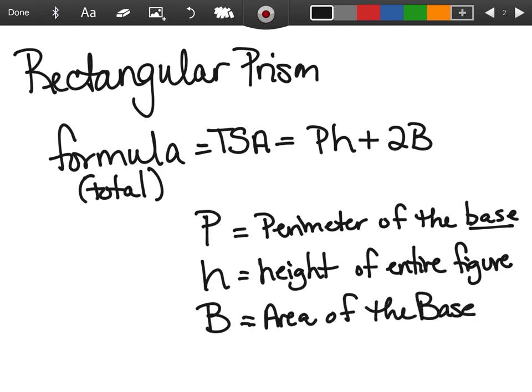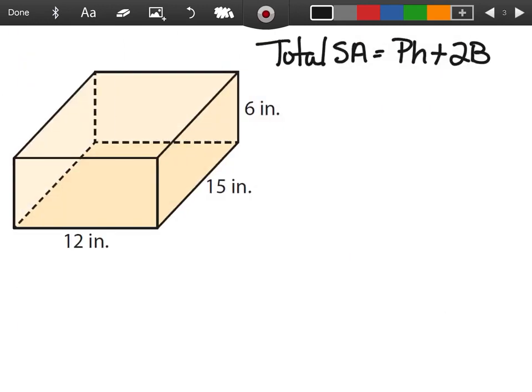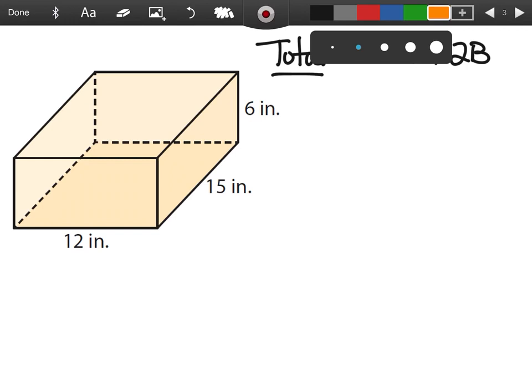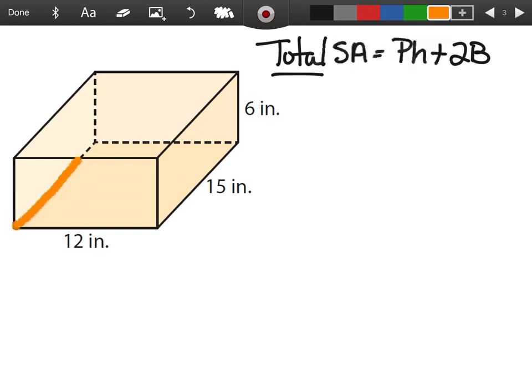So let's take a look. Again, we are looking at rectangular prisms. First one we're going to do is Ph plus 2B, which is the total surface area. Remember, the easiest thing to do is to mark your base. This one's kind of done for you, it is darker shaded.